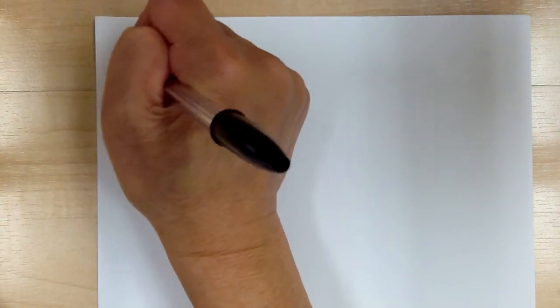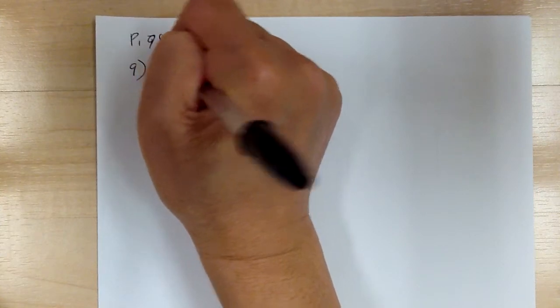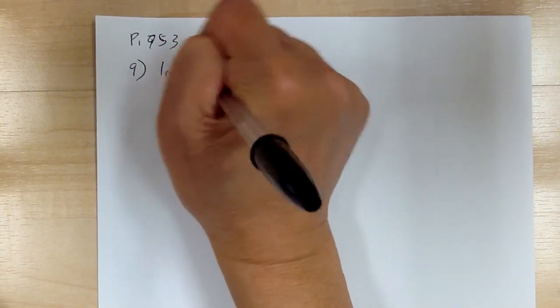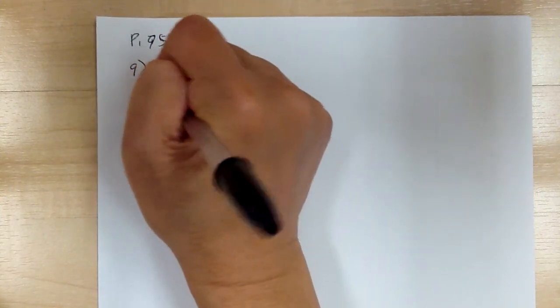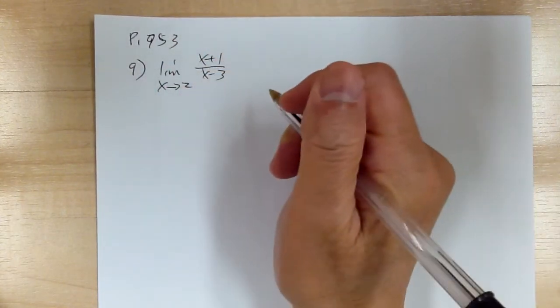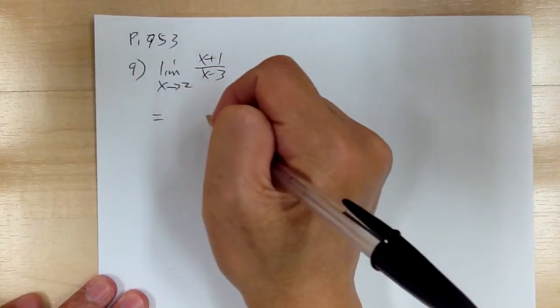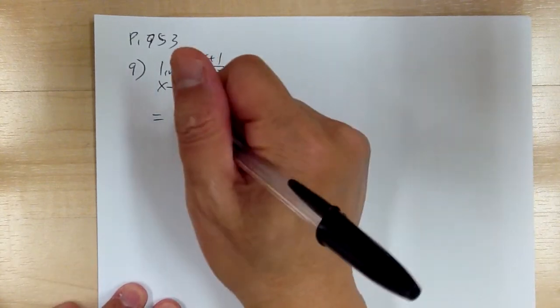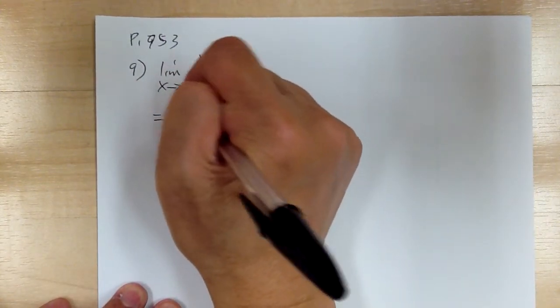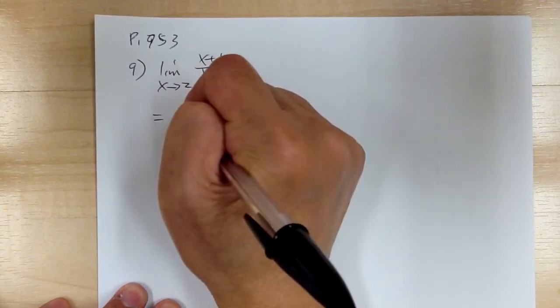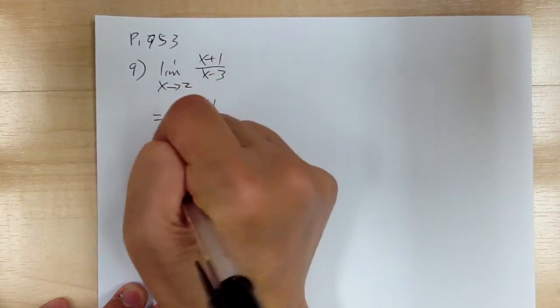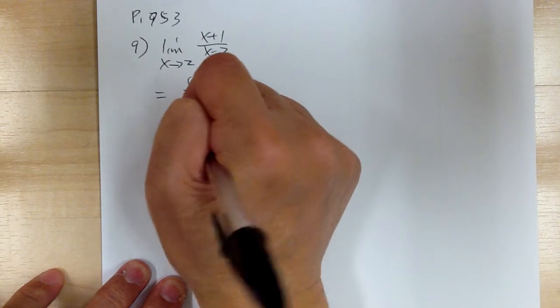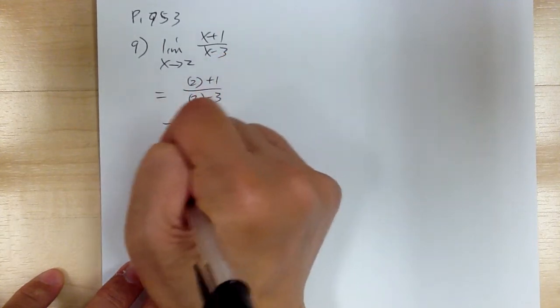The limit of x plus 1 over x minus 3 as x approaches 2. So this is equal to, again, first you want to see if you can substitute directly. If you can substitute directly, go and try that. So this is equal to 3 over negative 1, so it equals negative 3.